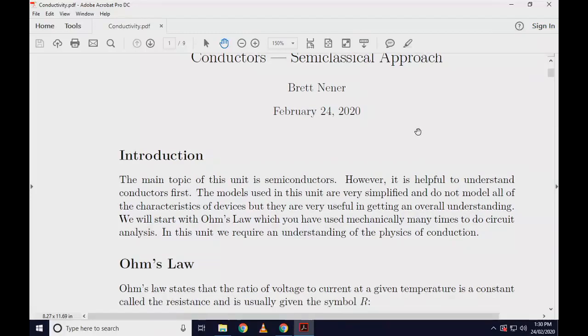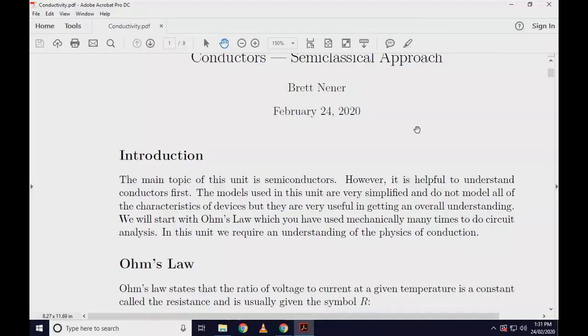Yep. All right. So the main topic of this unit is semiconductors and transistors. First we understand semiconductors, then we say, okay, what can you do with semiconductors? And then we'll look at diodes and transistors, right? Conduction in semiconductors is a little bit different from conduction in metals, but in order to understand semiconductor conduction and devices, we'll first look at metals, which are a little bit easier, and we can avoid getting involved with quantum mechanics.